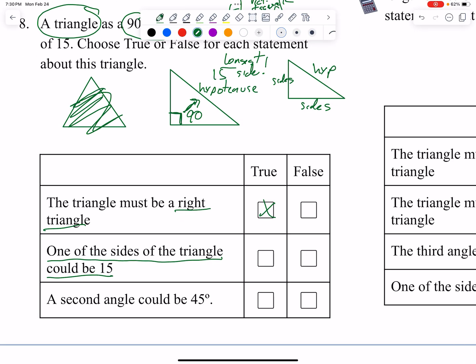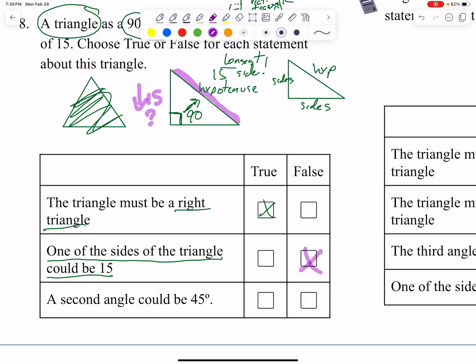So if I just told you your hypotenuse is the longest side and one of the sides is already 15, can this side be 15? No, it can't. Because 15 is already the longest side over there. That means that this one has to be smaller than 15. It could be 14.9. I mean, that would be weird. It could be 12. It could be 10. It could be 6. It cannot be 15 because the 15 is the longest side.